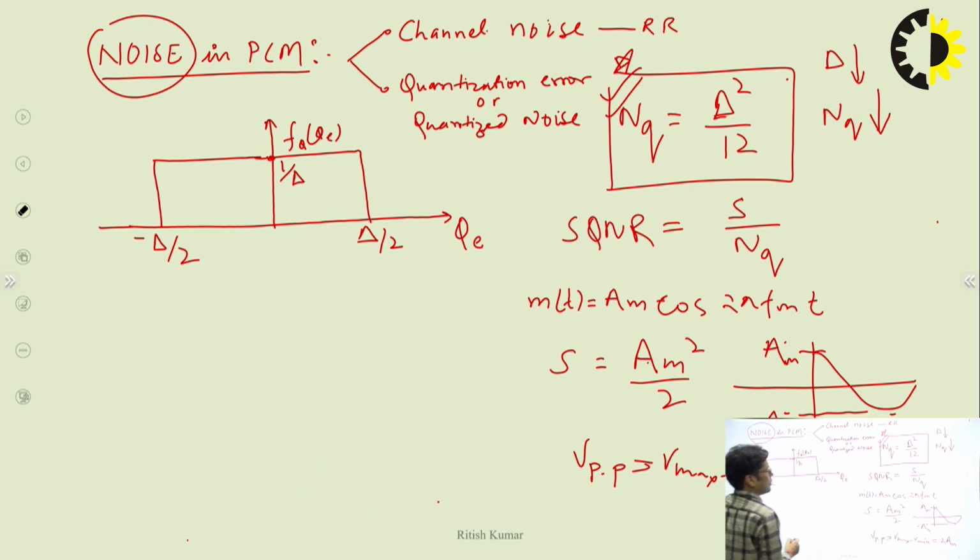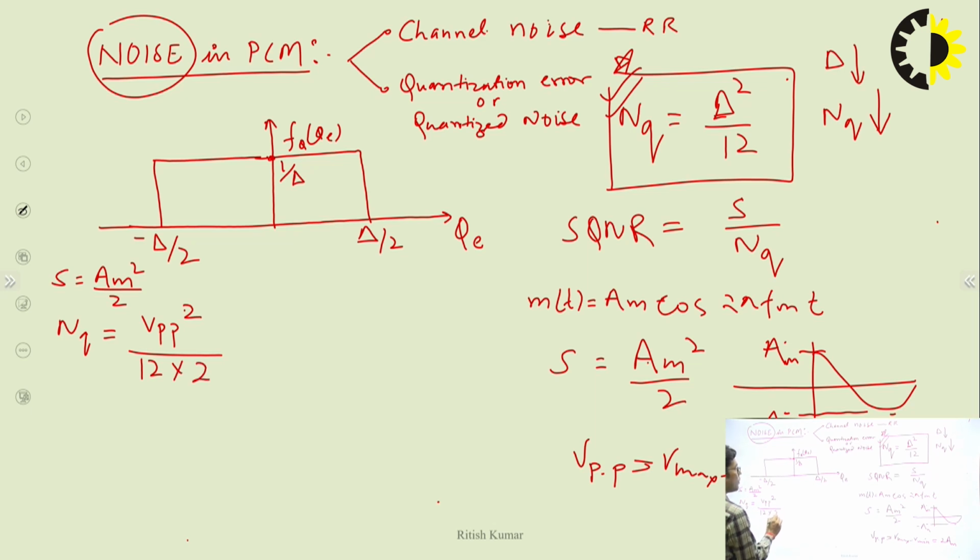Twice Am. Now the signal strength that we have, S, is equal to Am square by 2. So Nq is equal to V peak to peak square divided by 12 into 2 to the power 2n. As we know, delta is equal to V peak to peak divided by 2 to the power n, right?